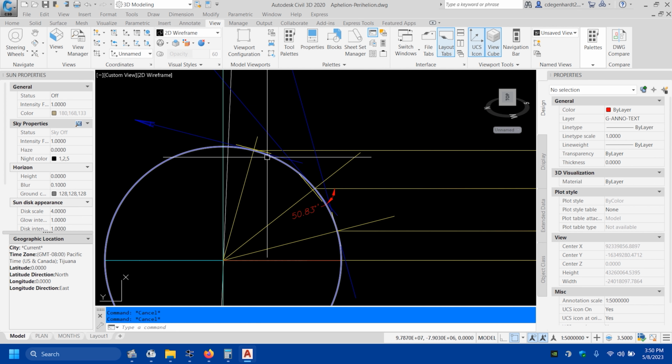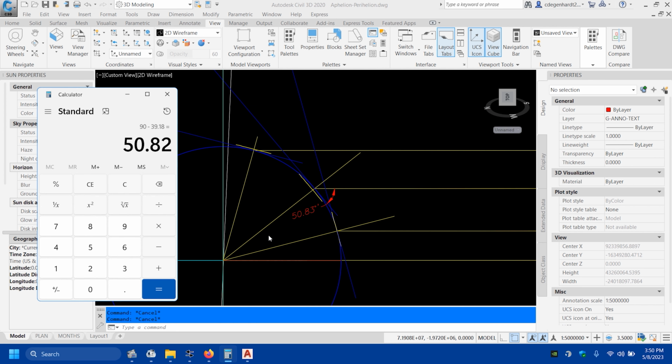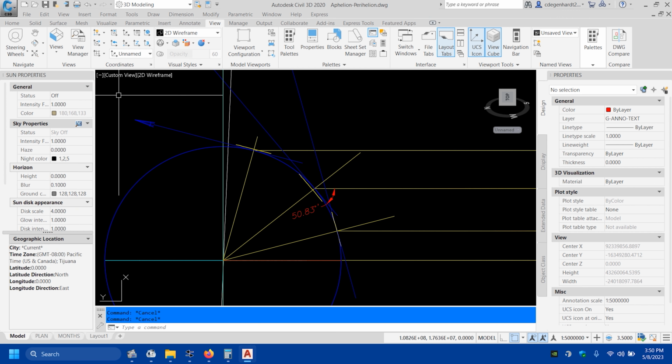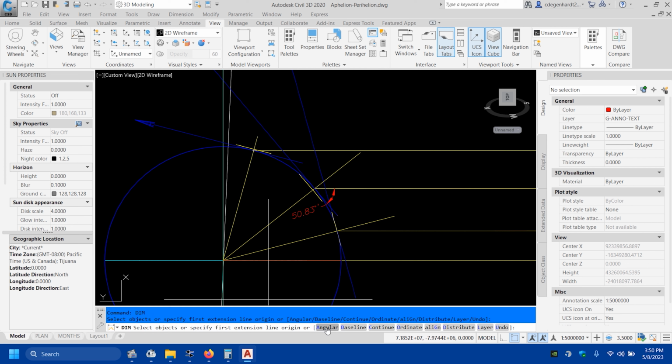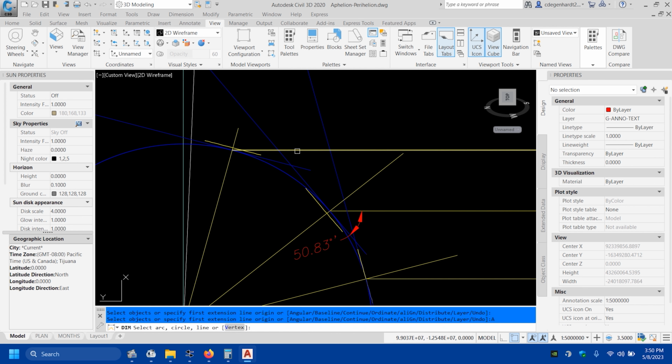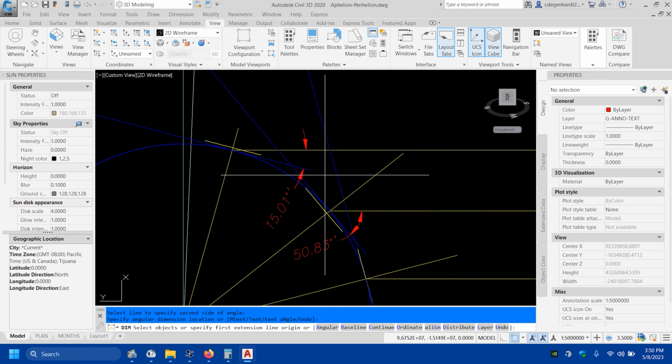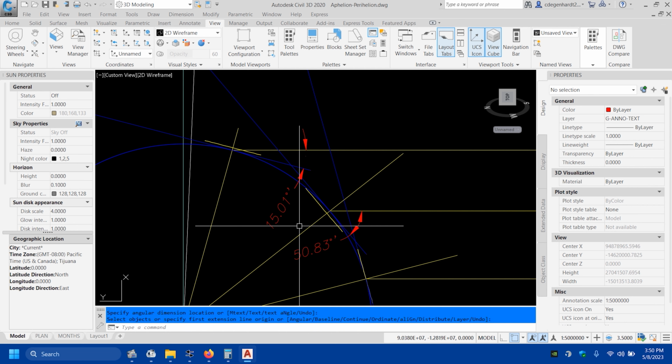So if you do 75 degrees, so 90 minus 75 equals, so that should be 15 degrees right there. Dimension. 15.01, real good.